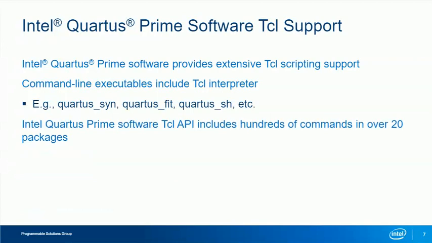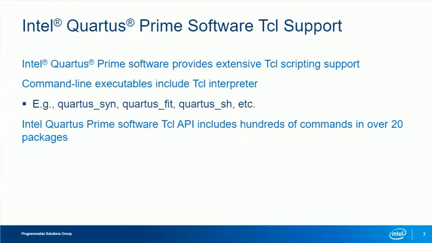The Intel Quartus Prime software provides extensive Tcl scripting support. Support ranges from basic commands for making settings and assignments to advanced commands to access internal data structures. Almost everything you can do in the GUI, you're also able to do through Tcl. Most command line executables in Intel Quartus Prime software include a complete Tcl interpreter and provide access to the Intel Quartus Prime software Tcl API.